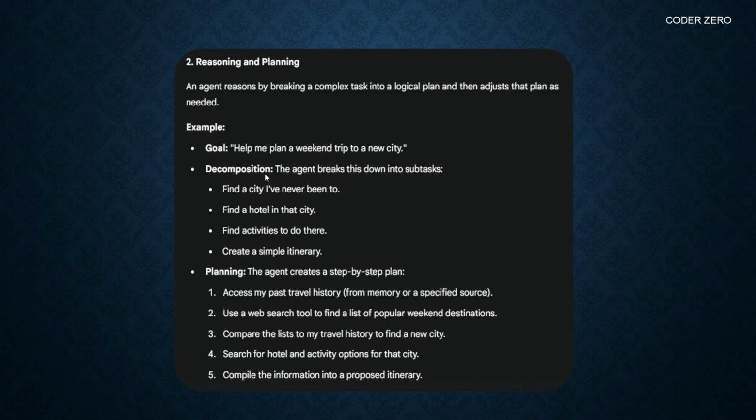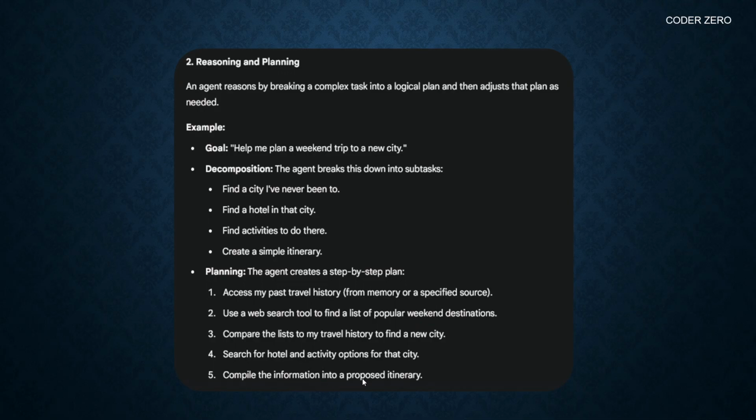After decomposing the task into these smaller tasks, it starts planning. The agent creates a step-by-step plan: access my past travel history, use a web search to find a list of popular weekend destinations, compare the list to travel history to find a new city, search for hotel and activity options for that city, and compile the information into a proposed itinerary.